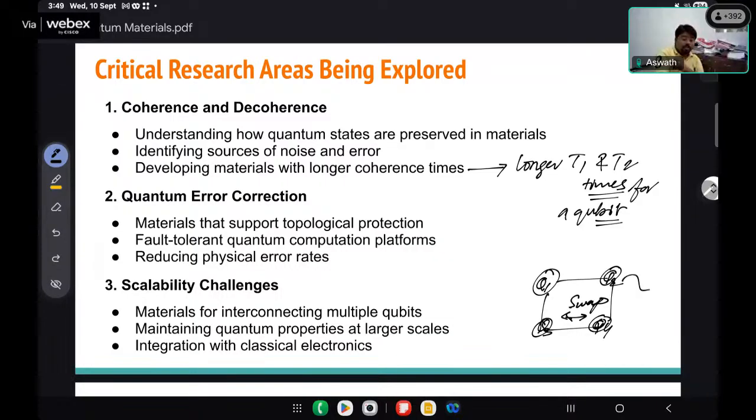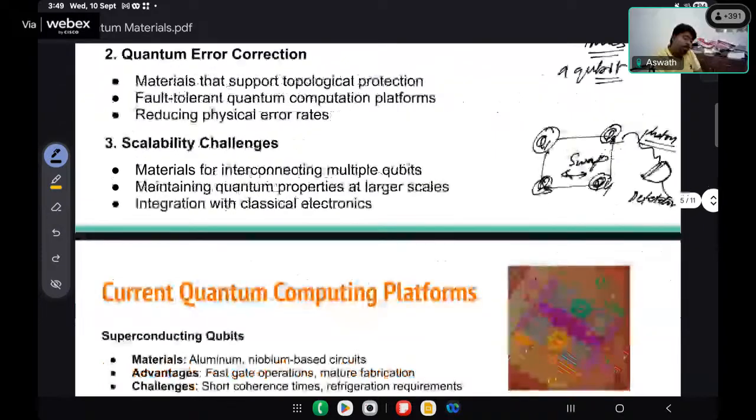The light has to be observed by a detector, so the detector should be of appropriate interconnection. There is a suitability there. That's a photon or any radiation. So these are the critical research areas one could look at in quantum materials.